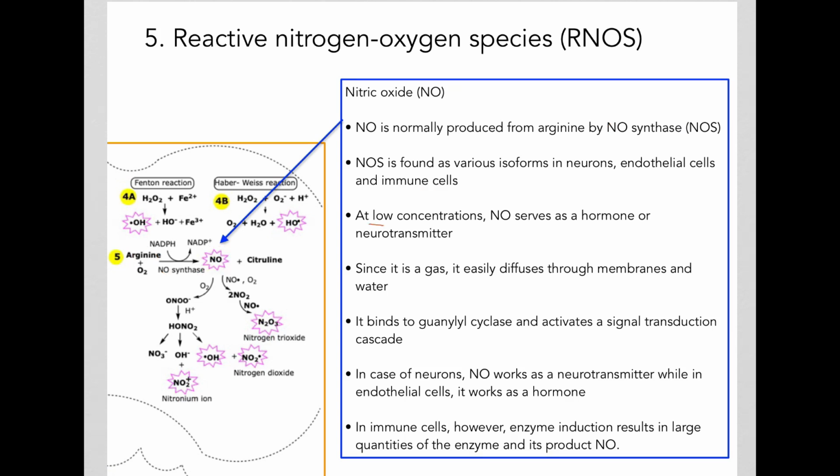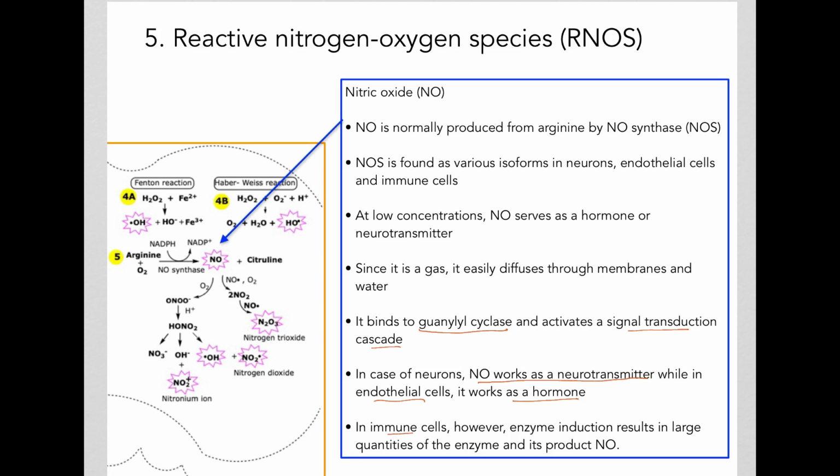At low concentrations, nitric oxide serves as a hormone as well as a neurotransmitter. Nitric oxide is a gas, so it very easily diffuses through membranes as well as water. It can bind to the enzyme guanylyl cyclase and activate a signal transduction cascade. In neurons, nitric oxide works as a neurotransmitter, while in endothelial cells, it works as a hormone.